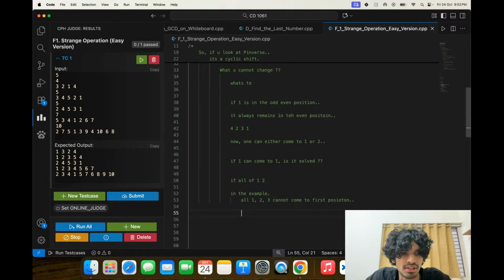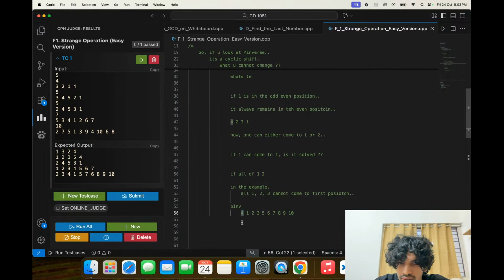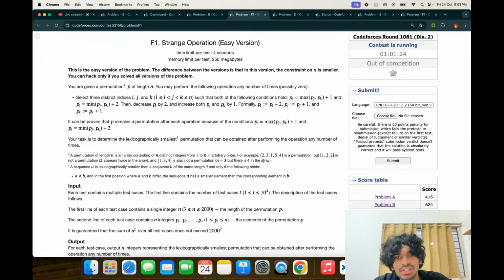I'll just write it. 4 P inverse. 4, 1, 2, 3, 5. 7 is in 6th position, 6 is in 7th position, 8 is in 8th position, 9 is in 9th position, 10 is in 10th position. So what does this mean? 1 cannot come here. Whatever you do, if this comes here then 1 can go there, right? Am I again wrong with my operation?